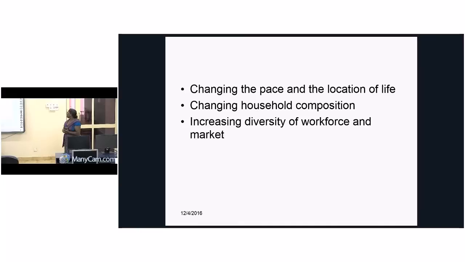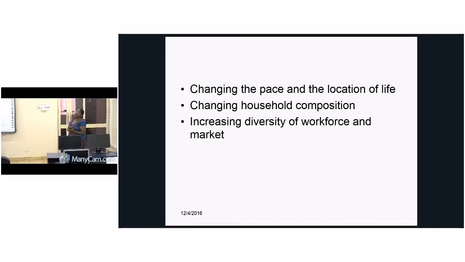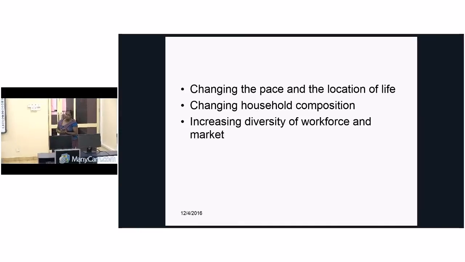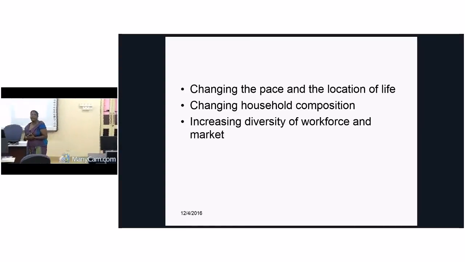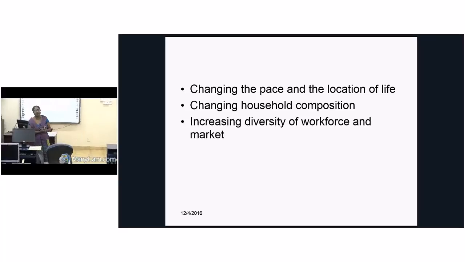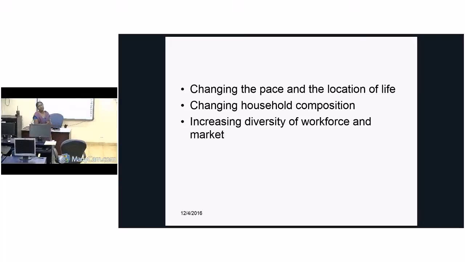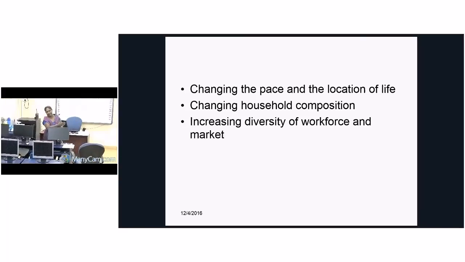So increase in diversity in the workforce and the market. Market diversity is there, and labor force diversity is also happening because of globalization. Globalization is removing boundaries.